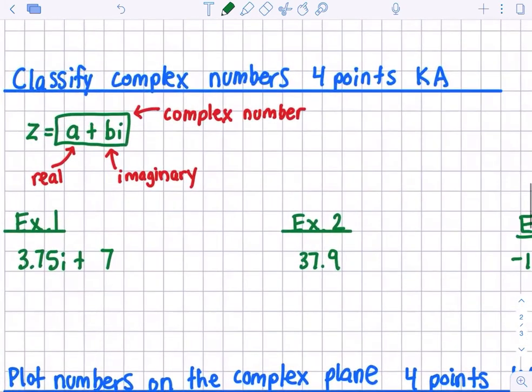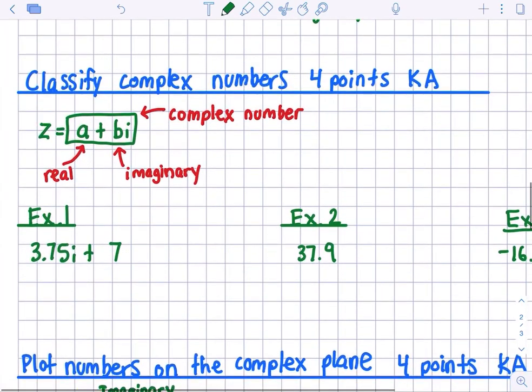Now we're going to get into classifying, okay? So again, this whole thing is the complex number, right? This right here is a real, and this right here is imaginary. But if you look at this, real and imaginary are subsets of complex numbers, meaning if it's strictly just imaginary, that's a complex number.